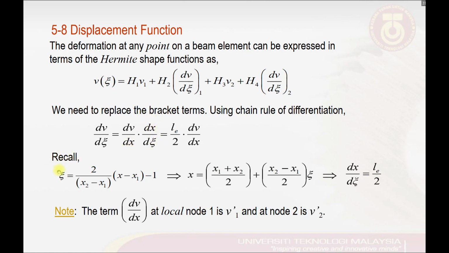From the natural coordinate system equation, we have z and we have x here. If we take the differentiation of x over dz of this equation, we get L over 2. If we substitute this dx over dz into this equation, we obtain that dv over dz is equal to L, which is the length of the element we consider, divided by 2, multiplied by dv over dx.